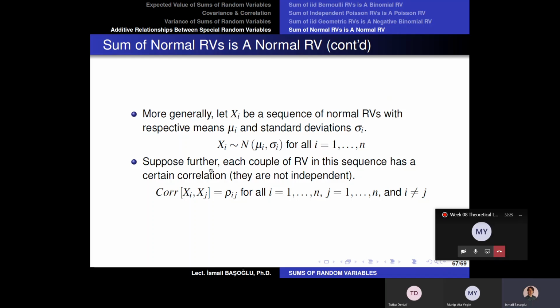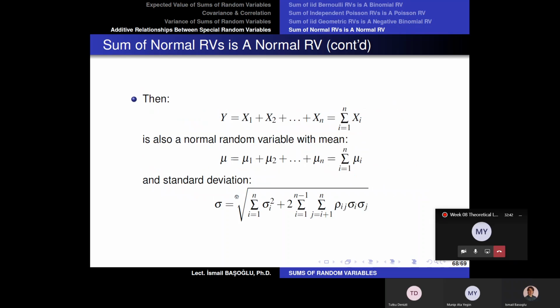And further, suppose that each couple in this random variable sequence has a certain correlation. So the ith member of the sequence is correlated with the jth member with a correlation of rho ij.